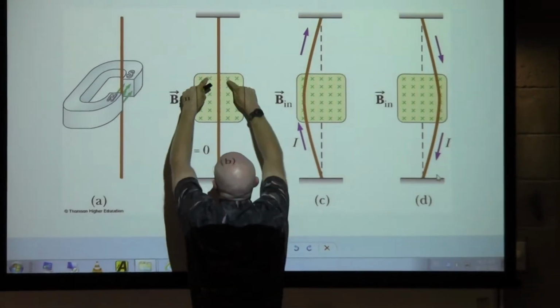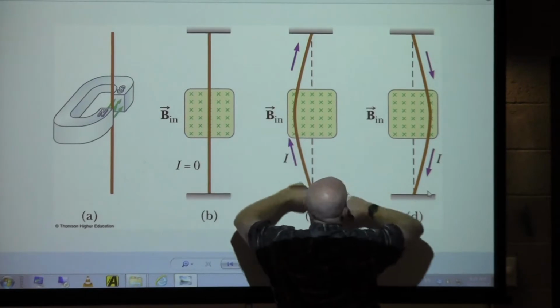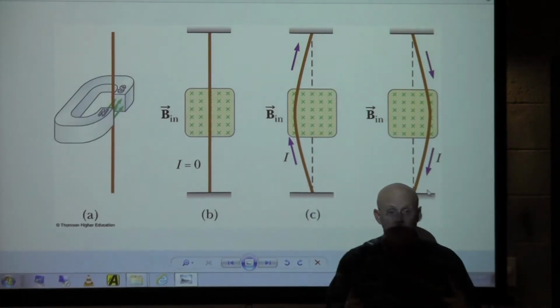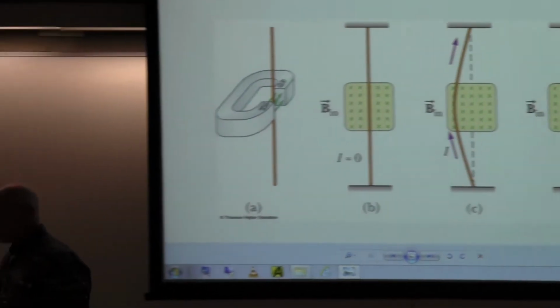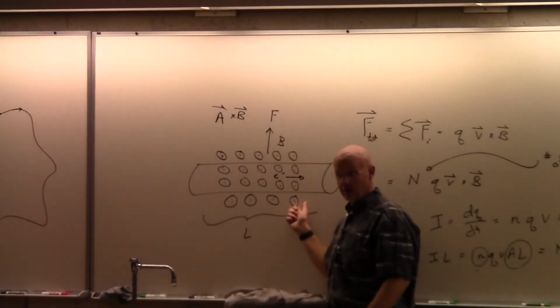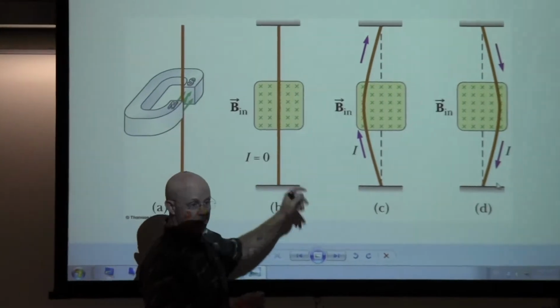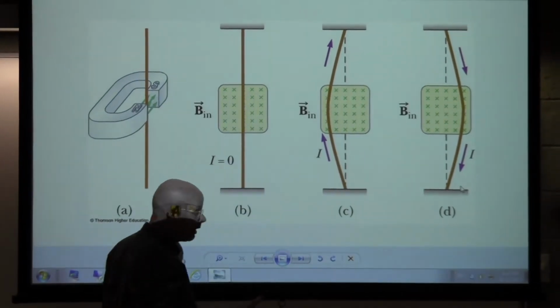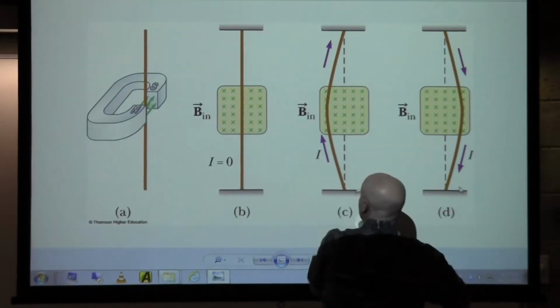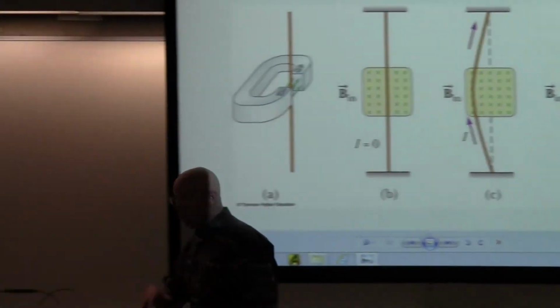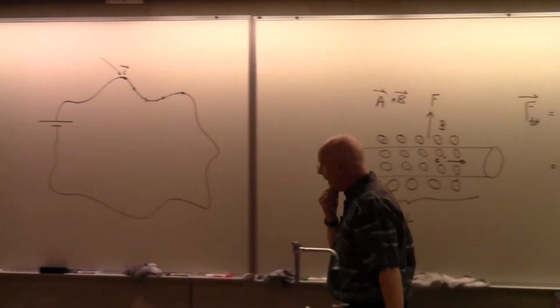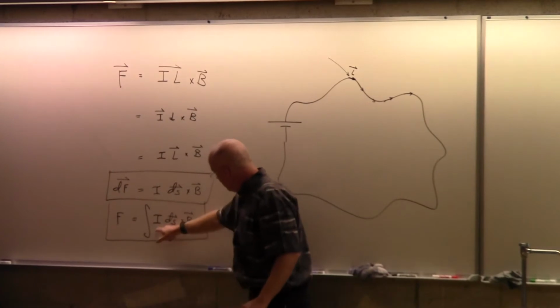So you can see in green magnetic field with X's, which I did dots. What do the dots mean again? Magnetic field coming out. What do the X's mean? Magnetic field going in. So in their drawing, they are showing the magnetic field going in. And if you wanted to know how much force is on that wire, you would need to do this integral.